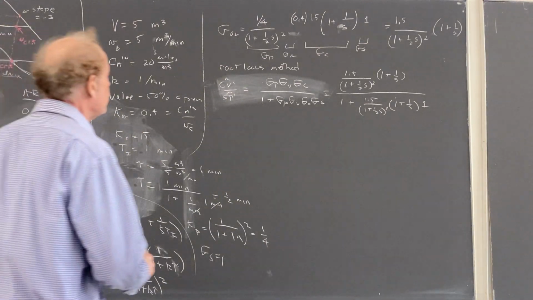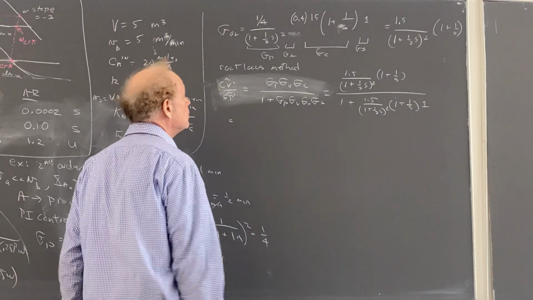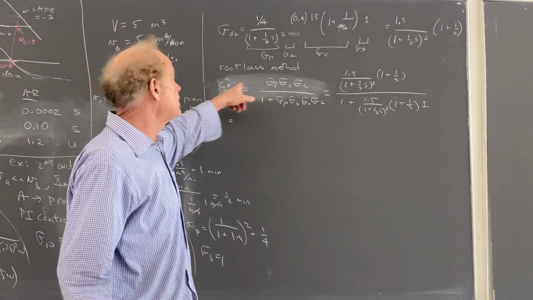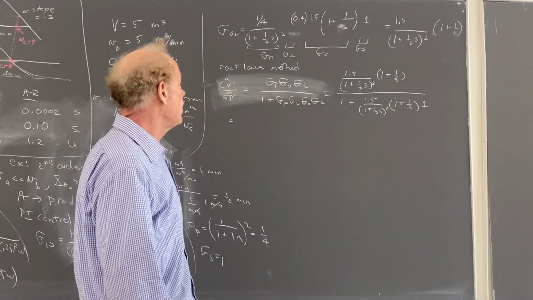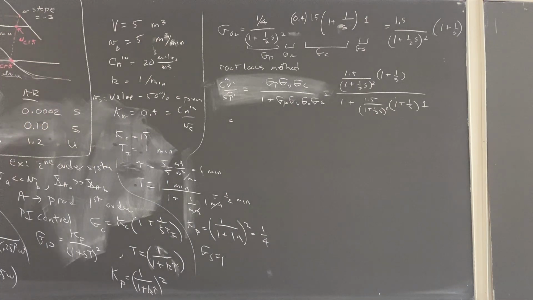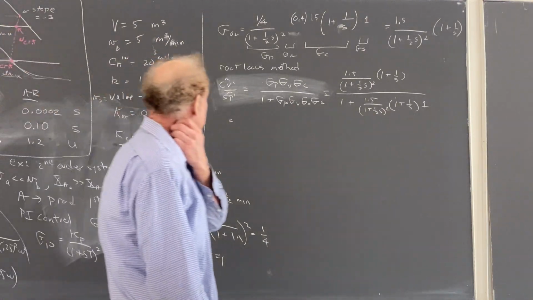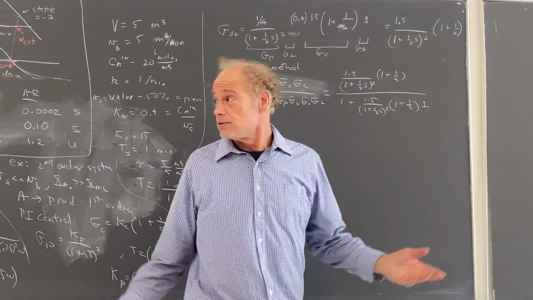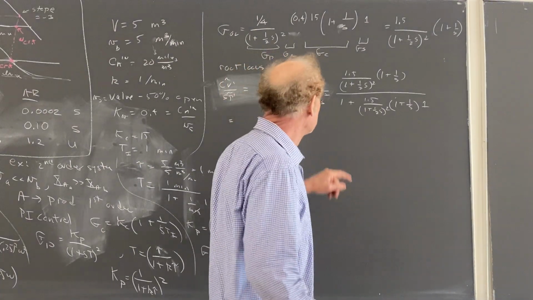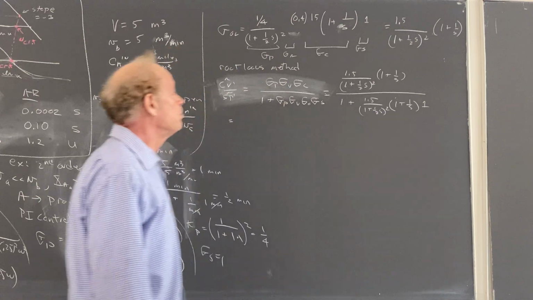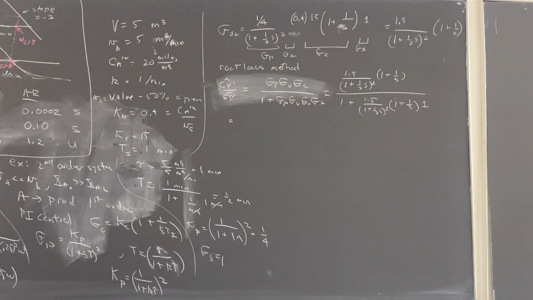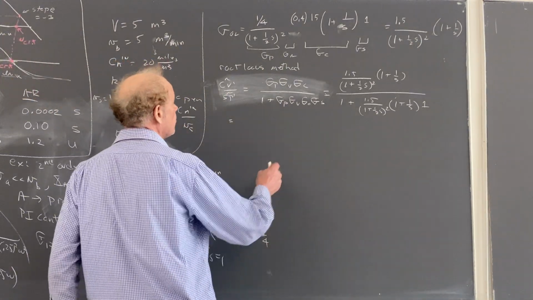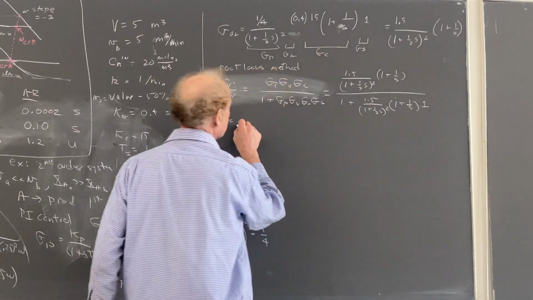Okay, so now I'm going to multiply this out. So obviously I'm looking at a set point change here, not a disturbance. And so I'm going to multiply top and bottom by 1 plus s over 2 squared. And that's going to cancel here and here.